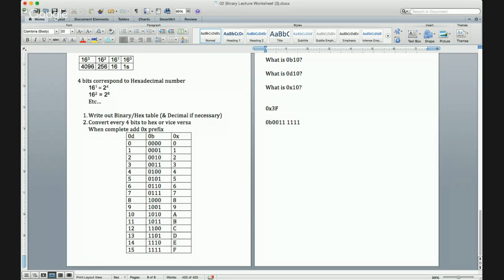That's all I did. 0d is decimal. 0b is binary. 0x. No, I'm not doing that. I'm going to go back to that. Okay, right now, all I'm doing is converting hexadecimal 3f. So for the 3, I went to my table and found it was 0011. I wrote it. And then for f, I found it's 1111.